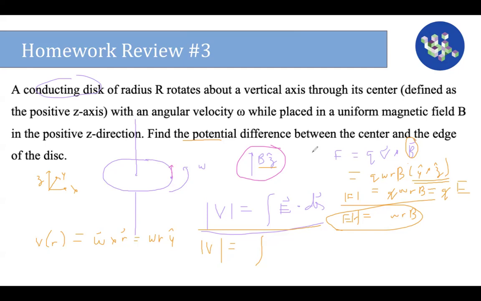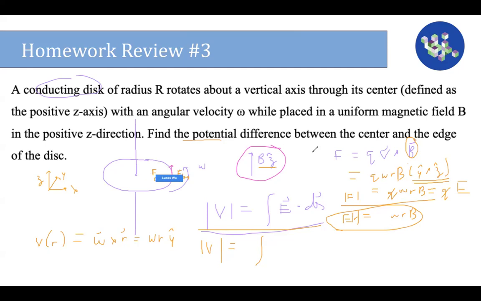The magnetic force, if you use the Lorentz force law: my velocity is pointing into the page, my magnetic field is pointing upwards, so this will be the direction of my magnetic force. And for there to be force balance, I need an electric force pointing to the left, basically radially inwards.